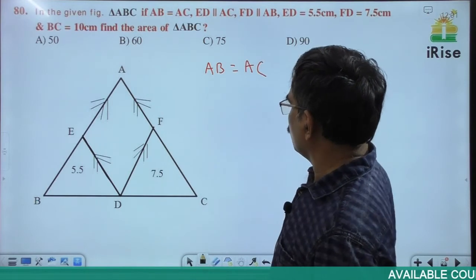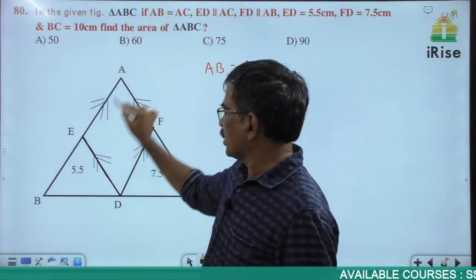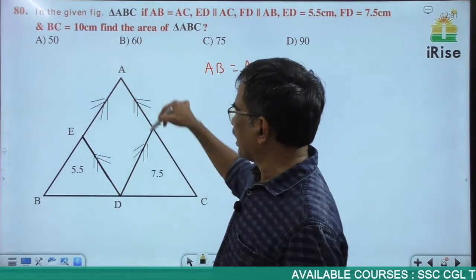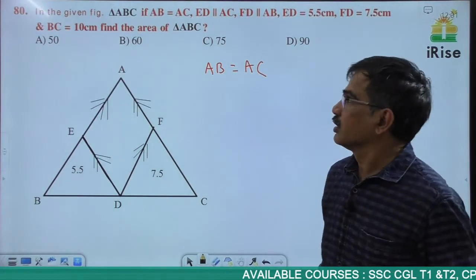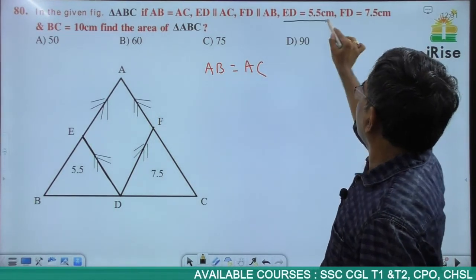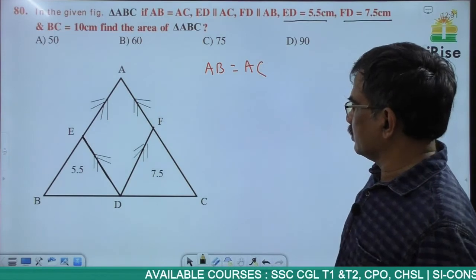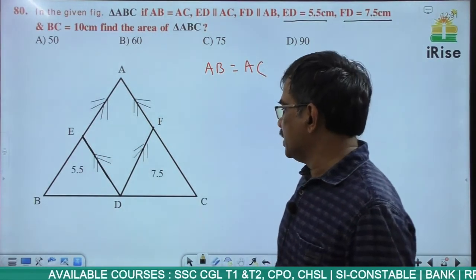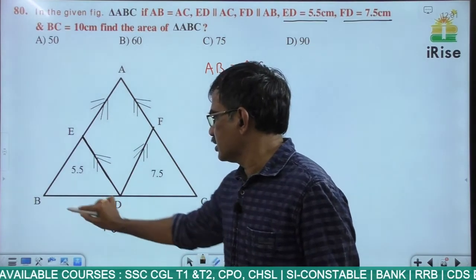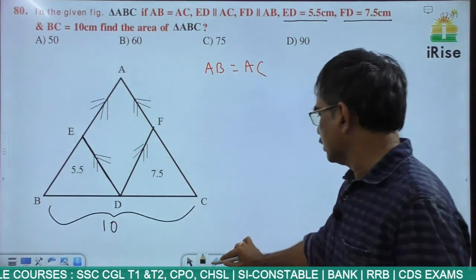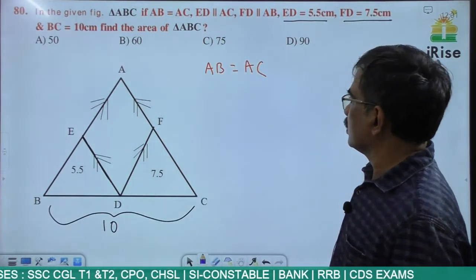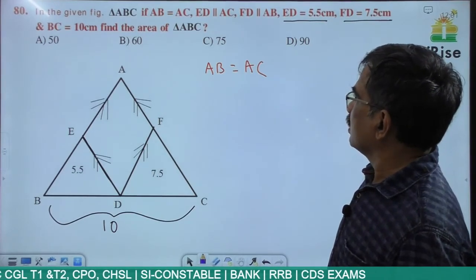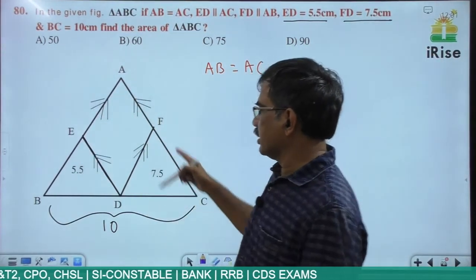FD is parallel to AB, this line is parallel to this line, therefore this is a parallelogram. ED is 5.5, FD is 7.5, BC is 10, this total length is 10. Then what is the area of triangle ABC? What is the total area?